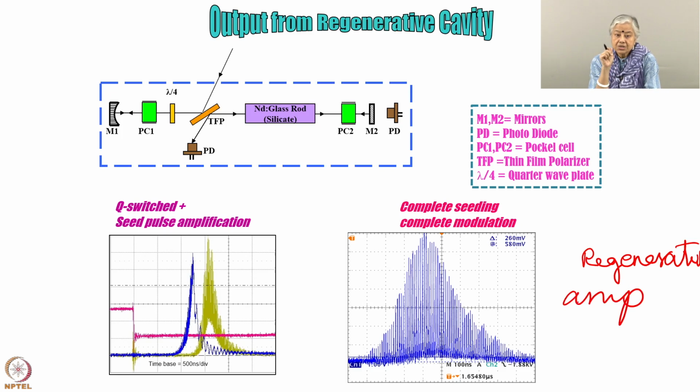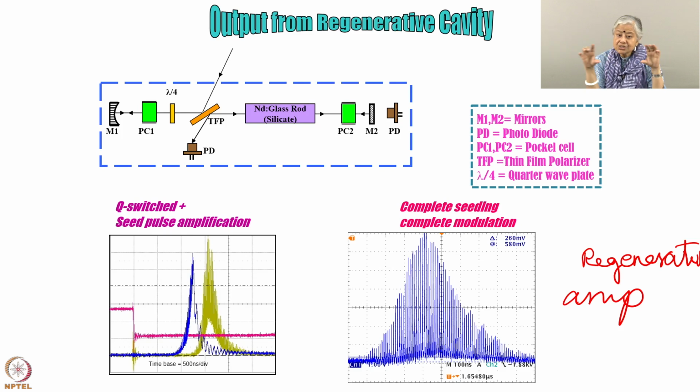Why is it used? It is used because the output pulse energy, after it has stretched in time from the oscillator, is very, very low. It is in the nanojoule or the picojoule level. It is very low.